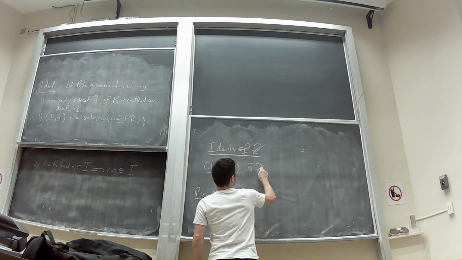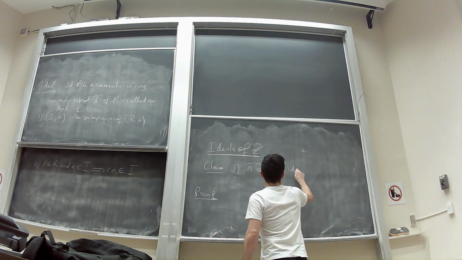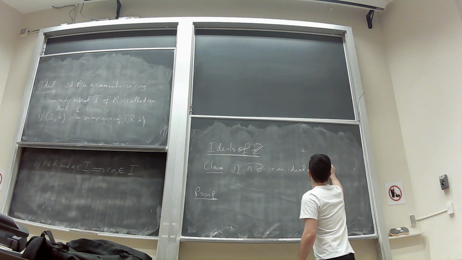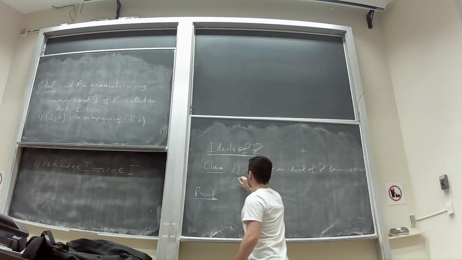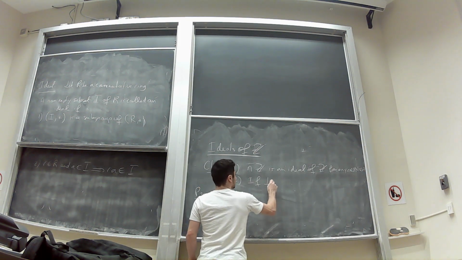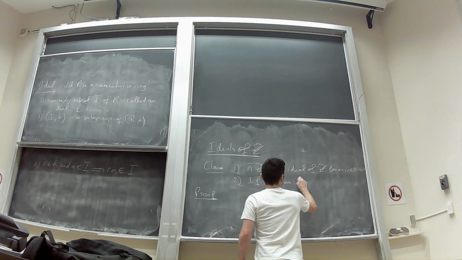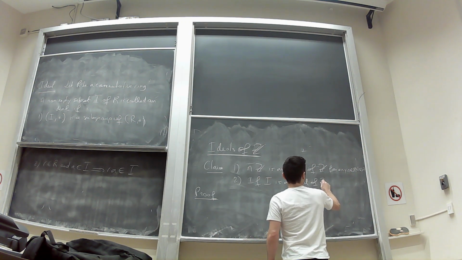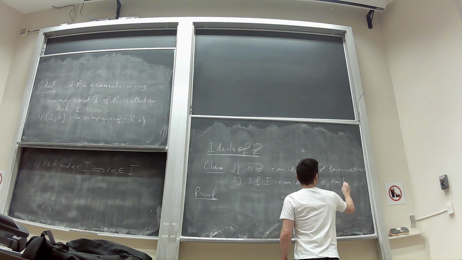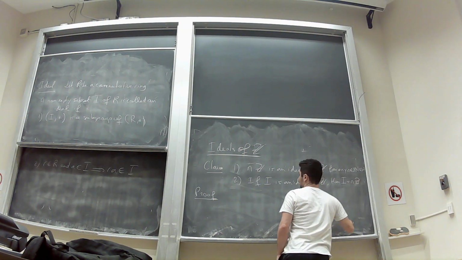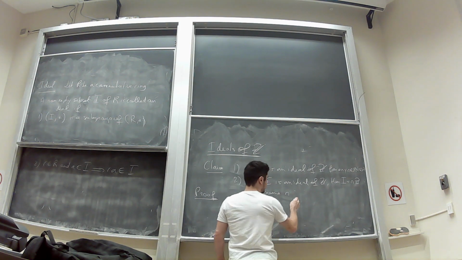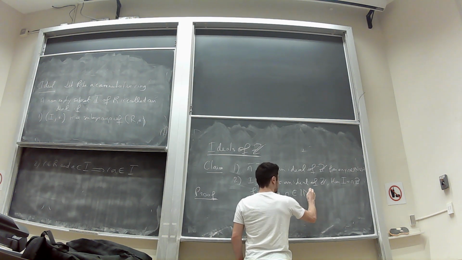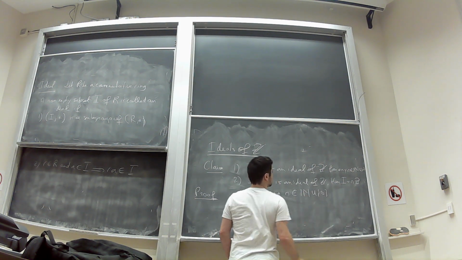One, nZ is an ideal of Z for any n in N union 0. And two, if I is an ideal of Z, then I is equal to nZ for some n in N union 0.